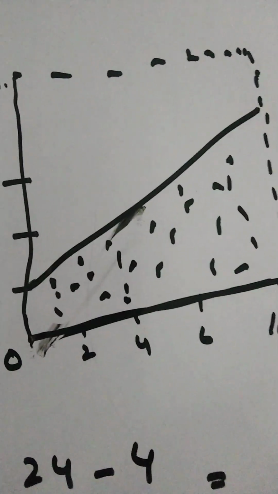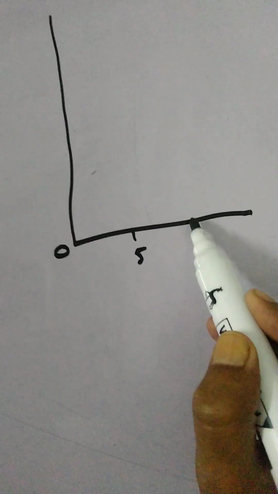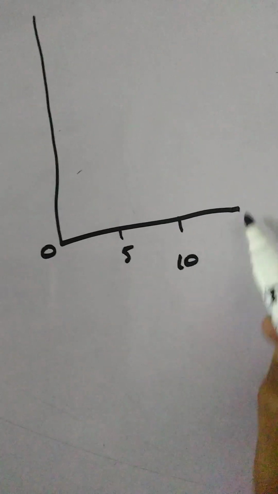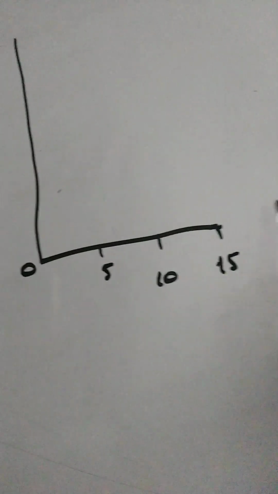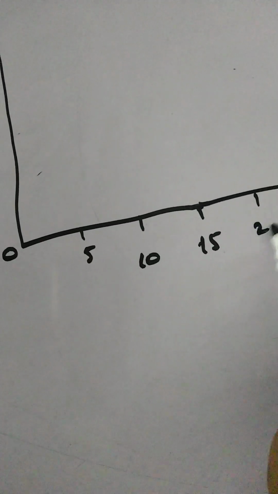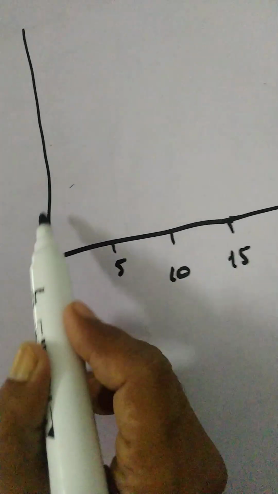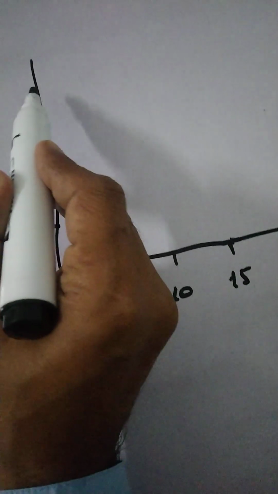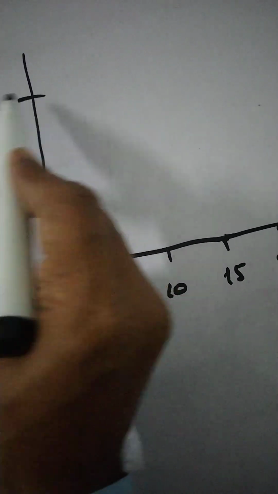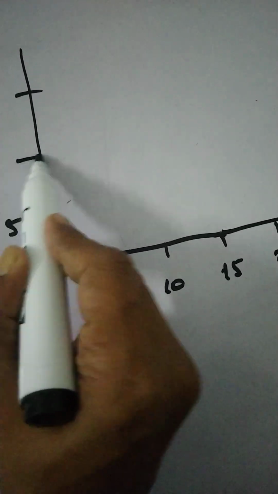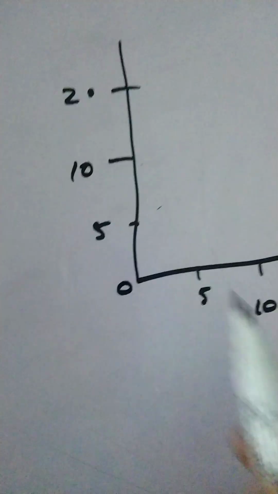Now moving on to another graph, which is like this one. Here is the starting point, and 5, 10, 15, 20, and also 5, 20, 10.